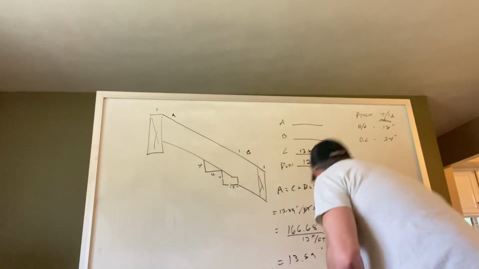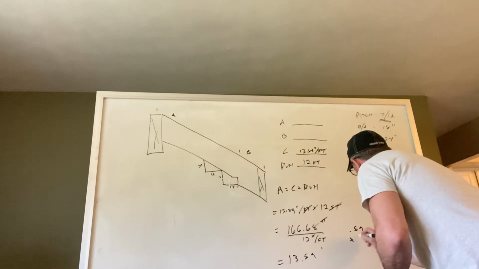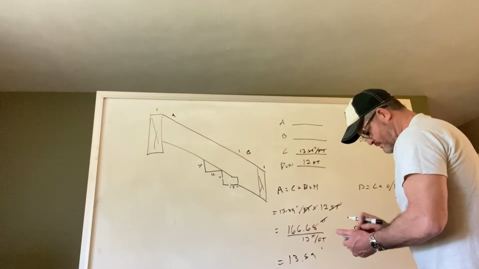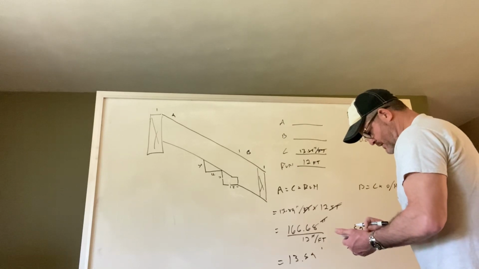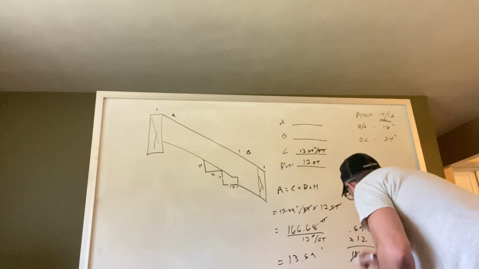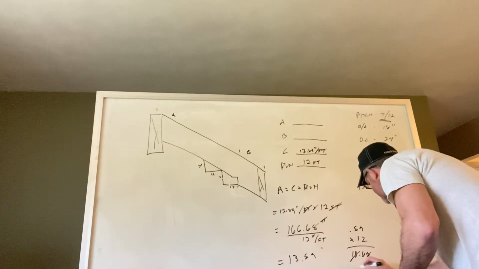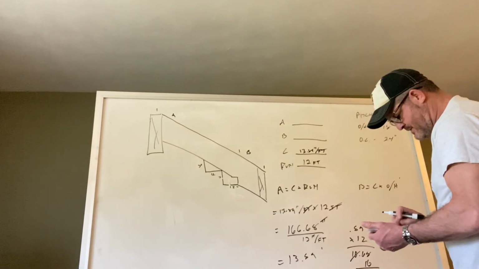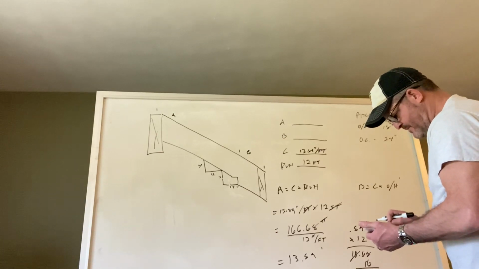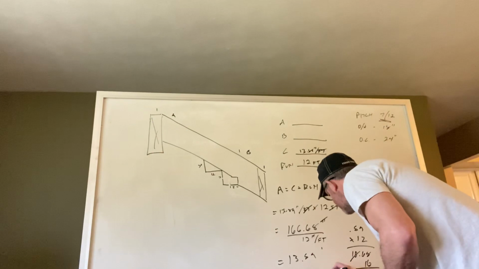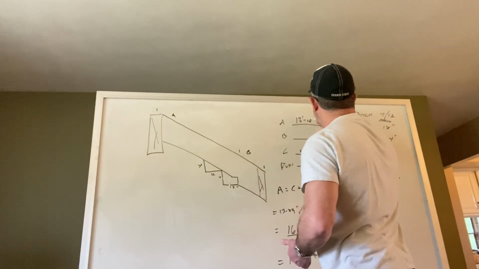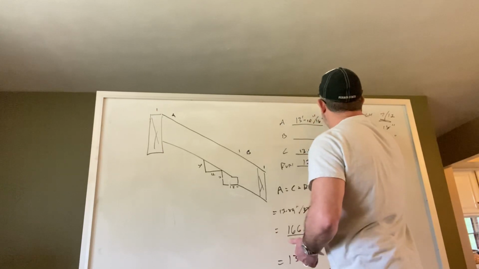So 13 feet, 0.89 times 12 is 10.68, and 0.68 times 16, because I want it in sixteenths, gives me 11 sixteenths. So 13 foot, 10 and 11 sixteenths.